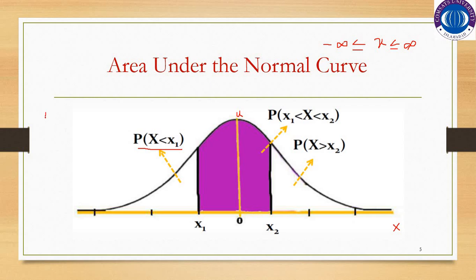So the probability density function is p of x equal to 1 over sigma under root 2 pi, e raised to power minus (x minus mu) whole square divided by 2 sigma square, as we discussed in the previous lecture, and the limit of the random variable is minus infinity to infinity.